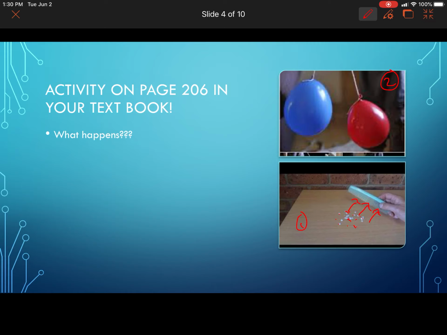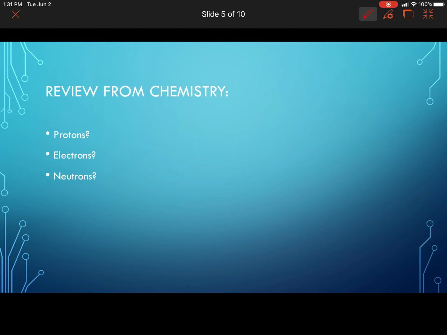If you do that with two balloons and then you bring them close to each other, what you'll end up seeing happening is they're going to repel each other. Okay, but if you flip the balloon around, they can attract each other. I just want you to read through the activity on page 206, and please, if you have the supplies at home, please go ahead and do it. It's kind of fun to do that kind of stuff.